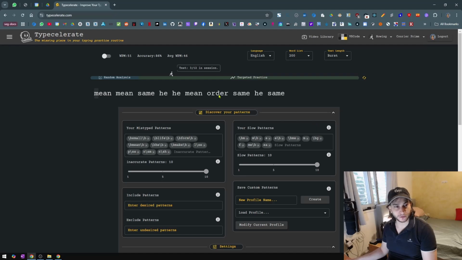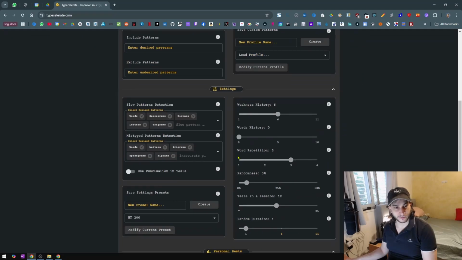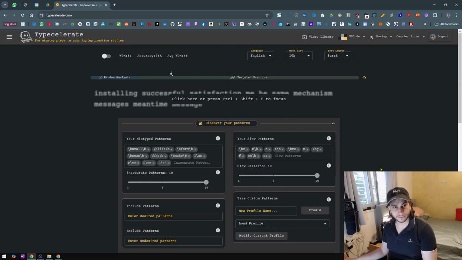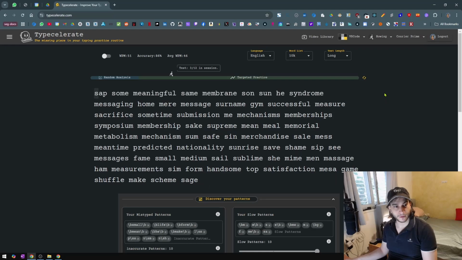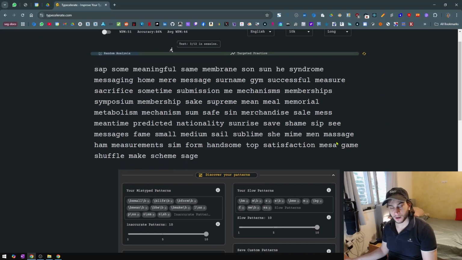In this case, we don't have any examples, although I'm sure that if I move to the 10K and I remove this word repetition, and maybe change to long, somewhere around here, I'm pretty sure, yeah, there we go. Word boundary and then G. Okay.